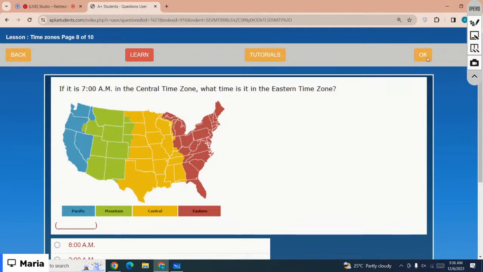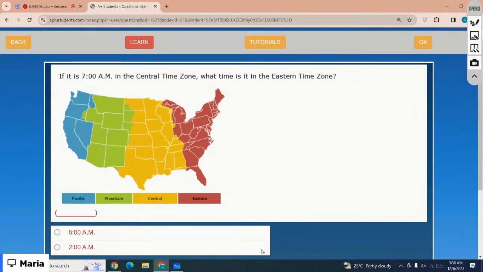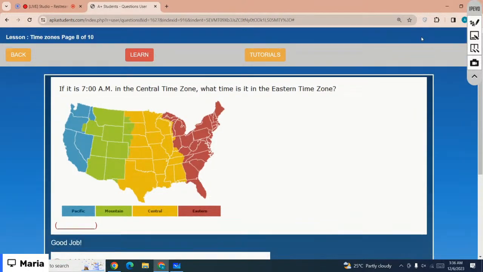Eastern is on the right hand side of the central, so you need to add. It is 8. Very good. The correct option is 8 a.m. That is 1 hour ahead, so you need to add.